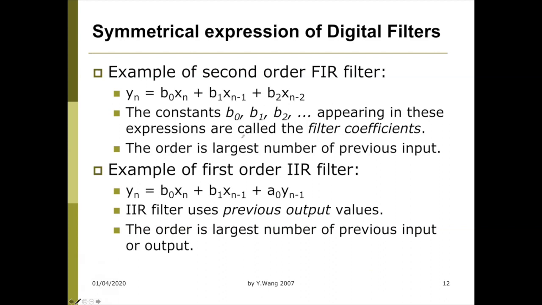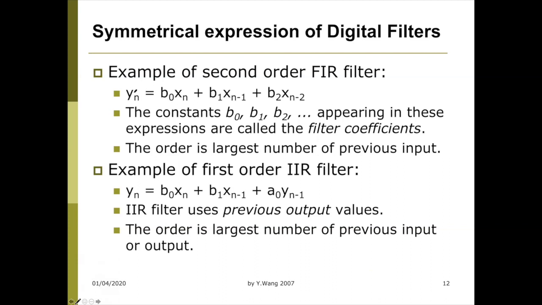In the previous MATLAB exercise, we used different tools, like SPTool or filter design, to obtain those coefficients. Those constants that appear in this expression are called filter coefficients, and the order of this filter is the largest number of previous inputs.